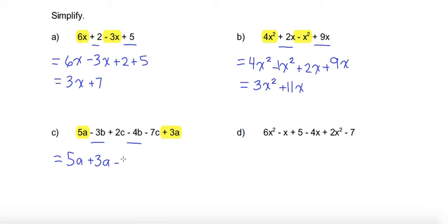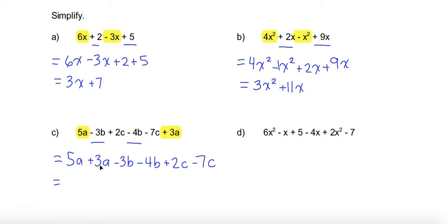Next is a negative 3B. I keep the operation that's in front of it. Minus 4B. Now my C's plus 2C. And then minus 7C.